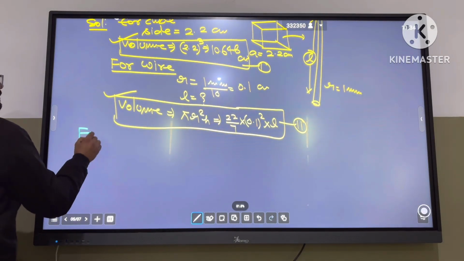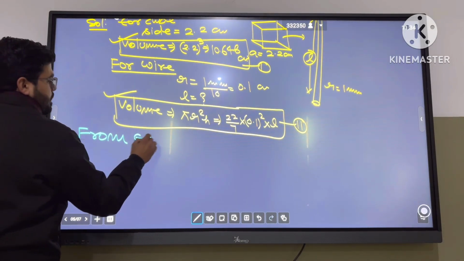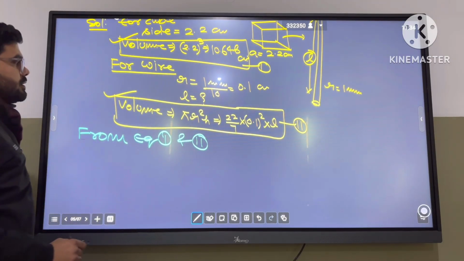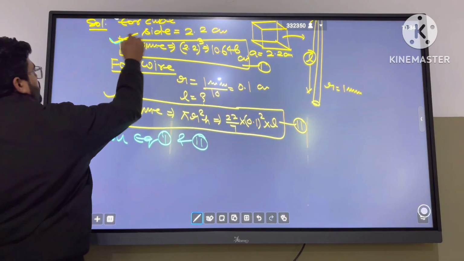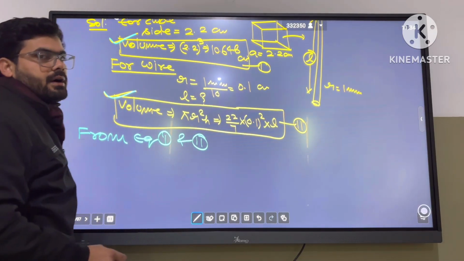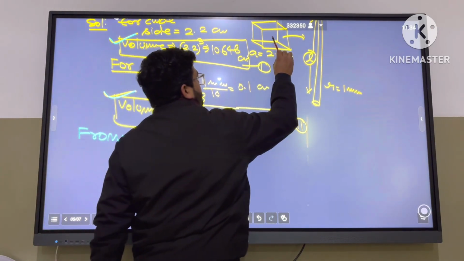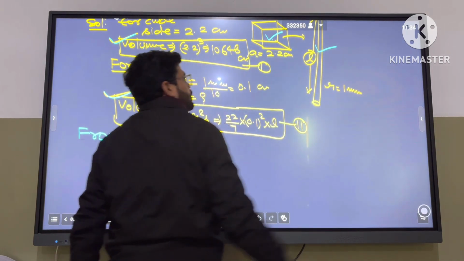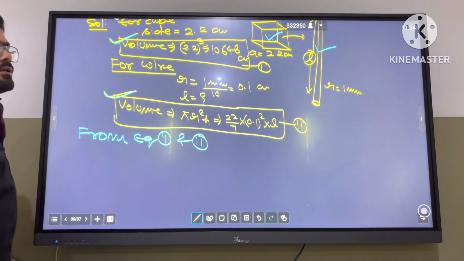From equation first and second, this is volume and this is also volume. Volume is equal to volume. Why? क्योंकि बेटा हम इसको कन्वर्ट कर रहे हैं, तो जितना वॉल्यूम इसका होगा उतना ही वॉल्यूम सिलेंड्रिकल वायर का होगा.